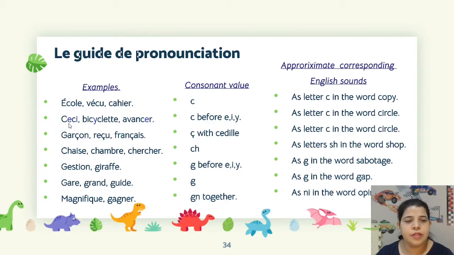Look here, the letter C is followed by E. This E is pronounced as A in the word but, like the letter U in the word but. Your mouth takes the shape of O, but we don't say it as O. Ceci, bicyclette.